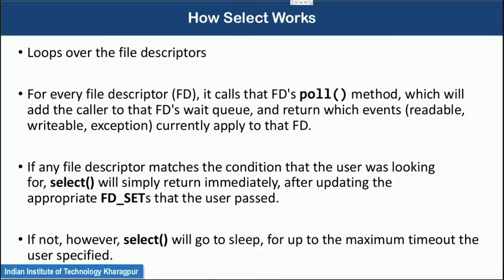Now, if any of the file descriptors matches the condition that the user was looking for, read, write or exception, then select will simply return immediately after updating the appropriate file descriptor set that the user passed. And if not, select will go to sleep for the timeout value. Once the timeout occurs, it will come out of the select call.